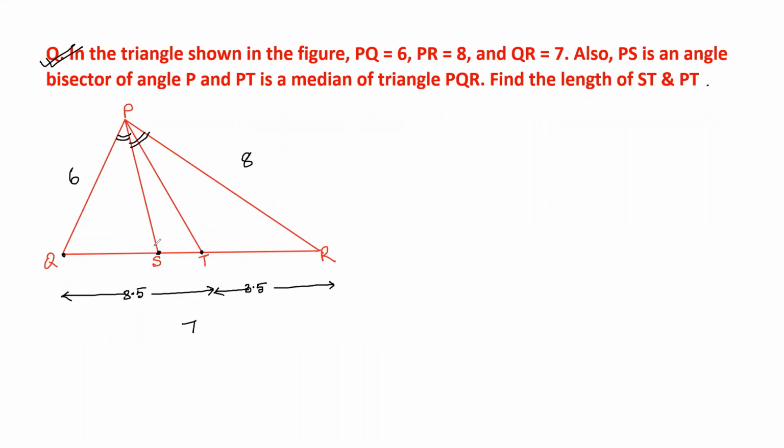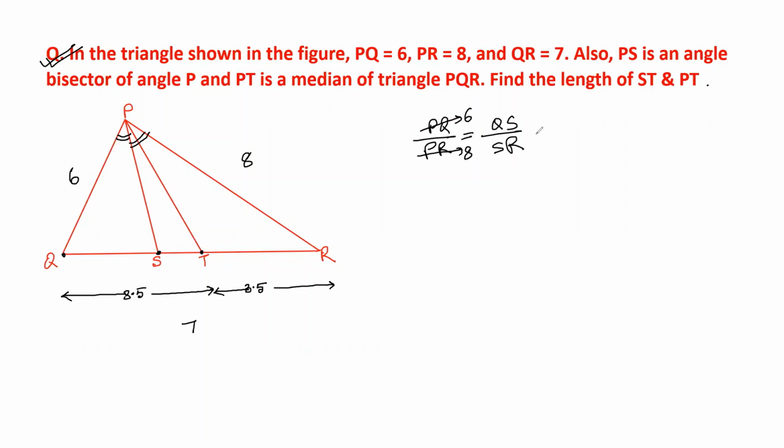Since PS is the internal angle bisector, we can use internal angle bisector theorem. So we can write PQ upon PR to be equal to QS upon SR. And the length of PQ is 6 units and the length of PR is 8 units.